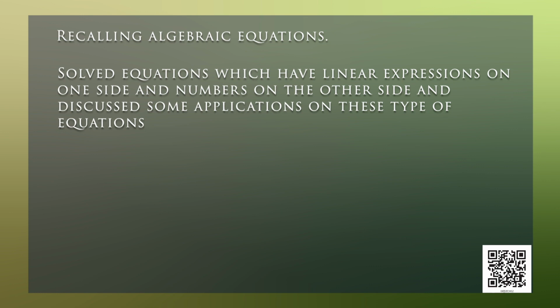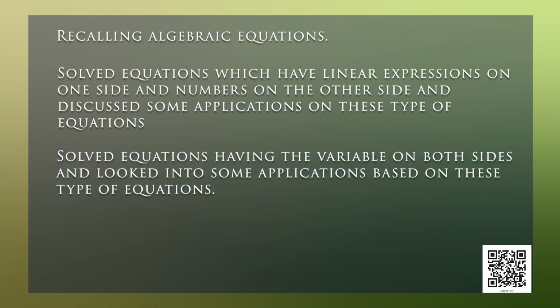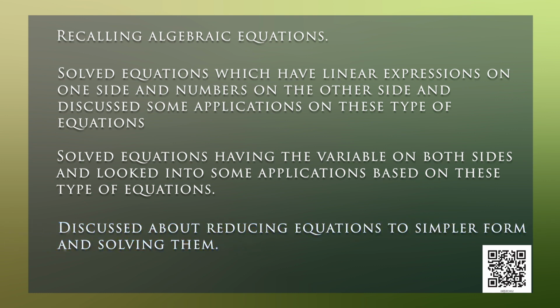Also we saw some word problems based on that method. Also we found, if variables are present on both sides, then how to simplify this equation and how to find the solutions. Also we saw some word problems on this. Finally, if the given equation is not in the linear form, then how to bring it into linear form and solve such equations, and the corresponding word problems also we solved.